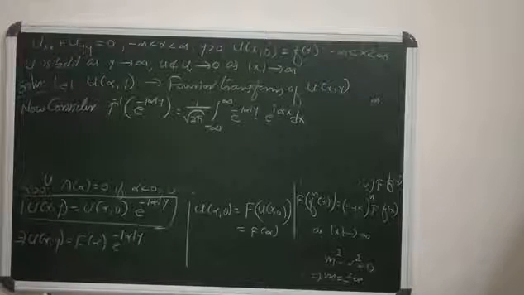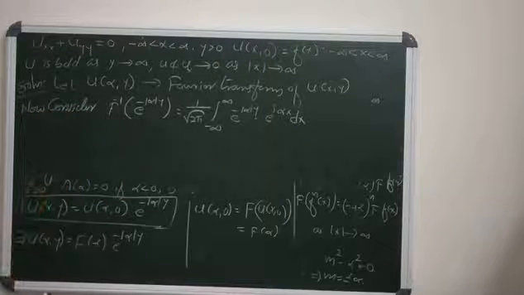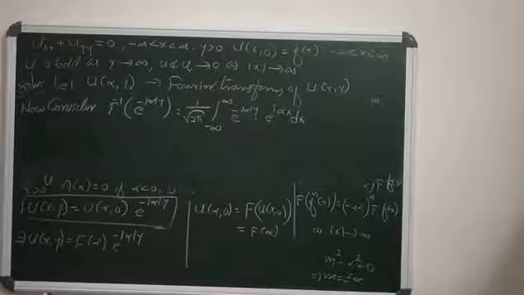So F inverse of e power minus mod alpha y is 1 by root 2 pi integral along minus infinity to infinity e power minus mod alpha y e power i alpha x dx.